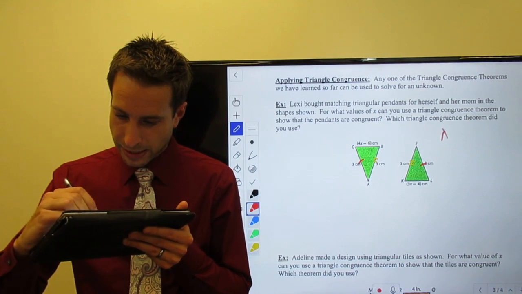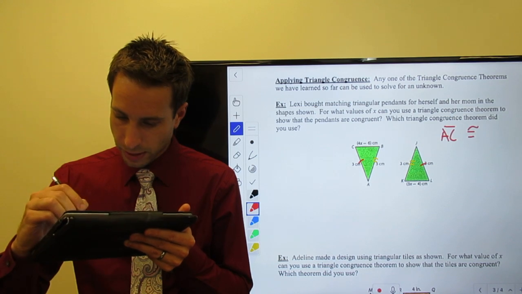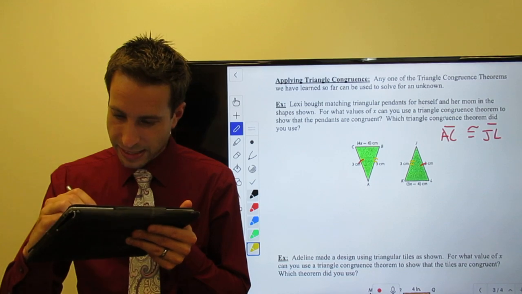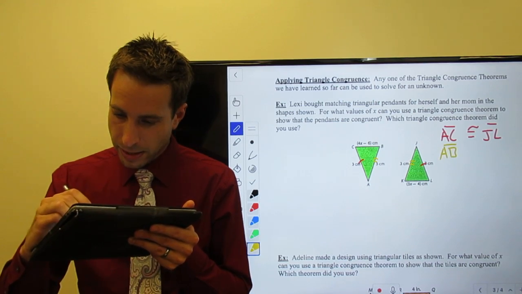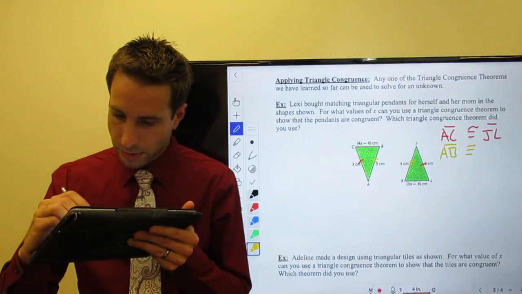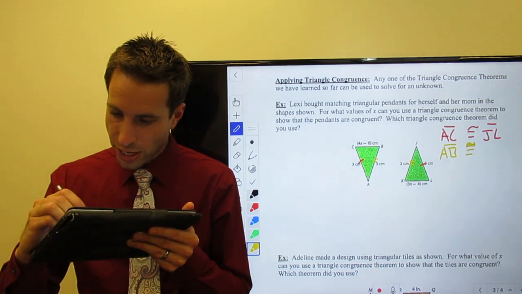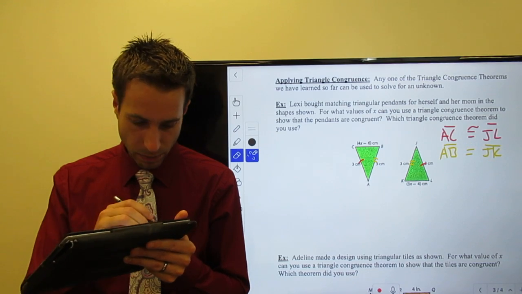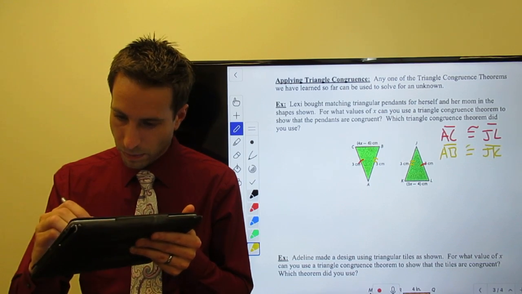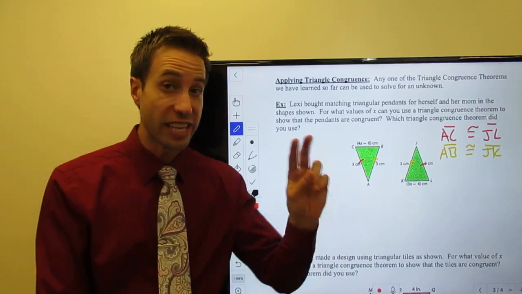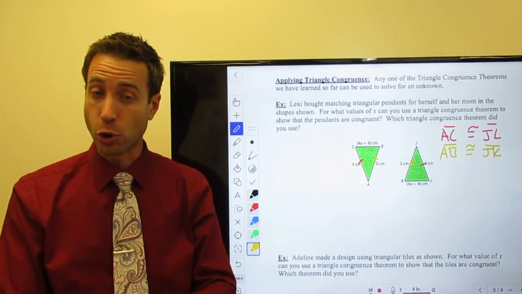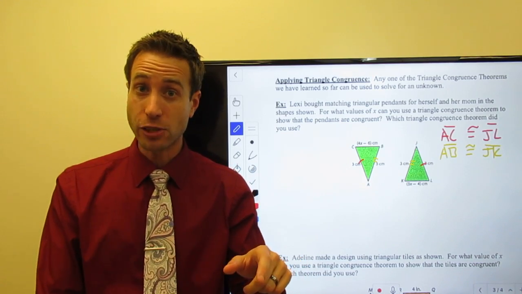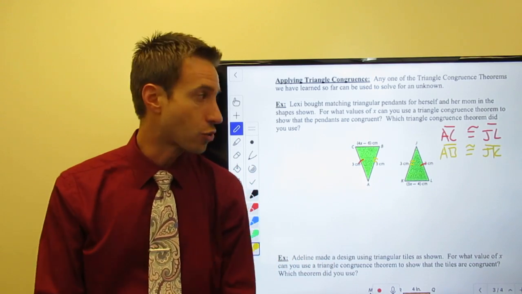I see that AC is congruent to side JL, and I already see that side AB is congruent to side JK. Since I already know that two of the pairs of corresponding sides are congruent, if I can show that the third pair of sides are congruent, then I know that these triangles are congruent.